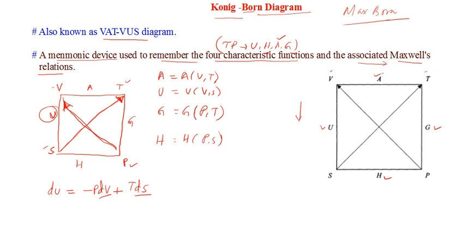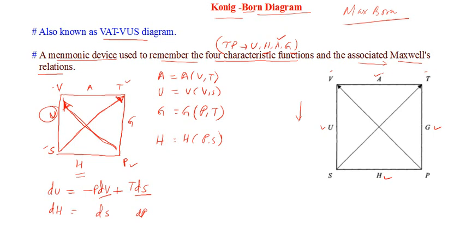Now similarly you can write all other equations. So you just try to write all other equations from this. dH, for example, the bottom one, how do you write it? One should be dS, and the other should be dP. dS and dP should be the variables.